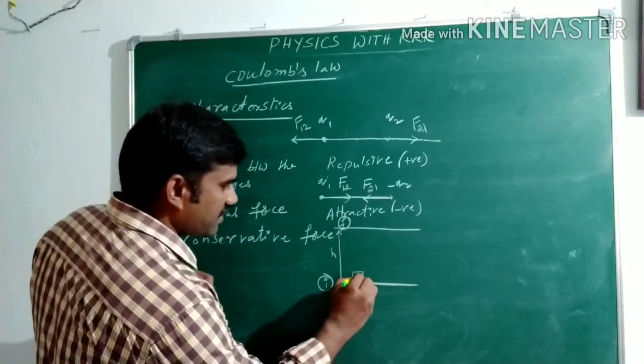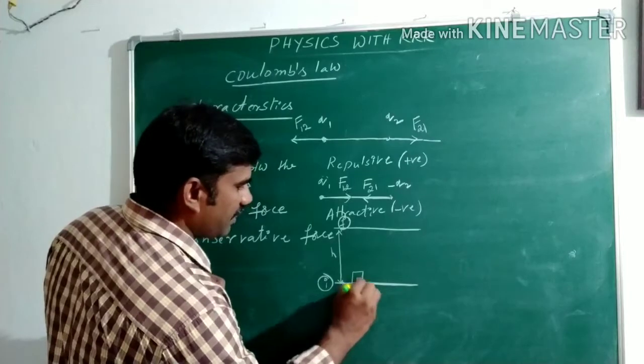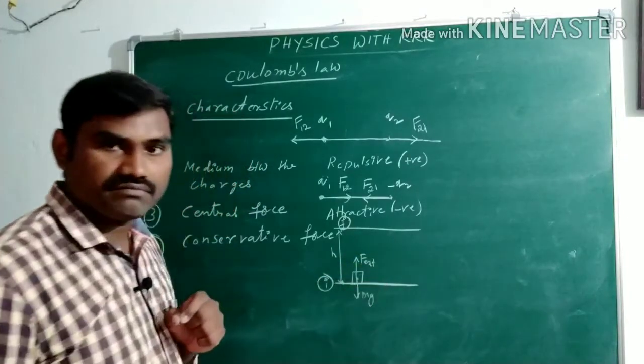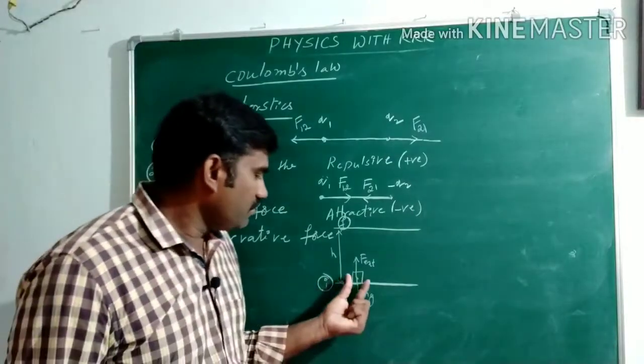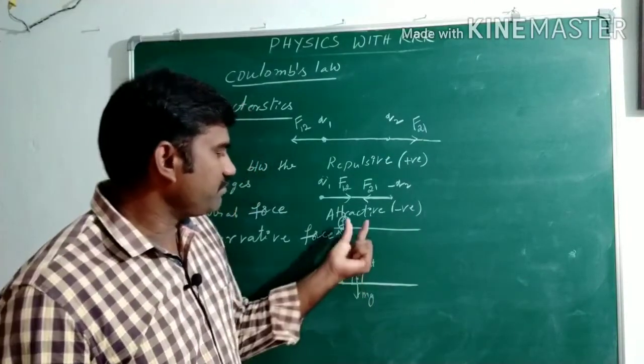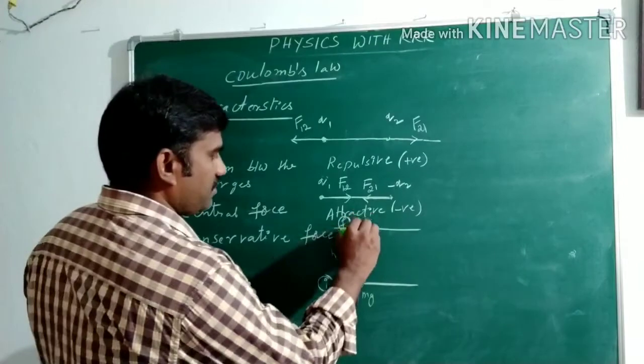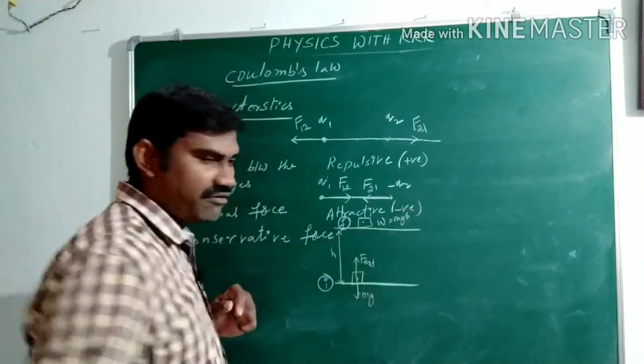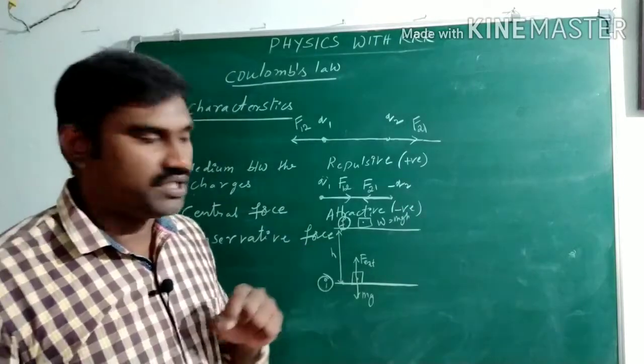The weight of the body is acting downwards. We need to apply an external force to lift this body. The work done to lift this body to a height h will be equal to mgh, which is stored in the form of potential energy of the body.